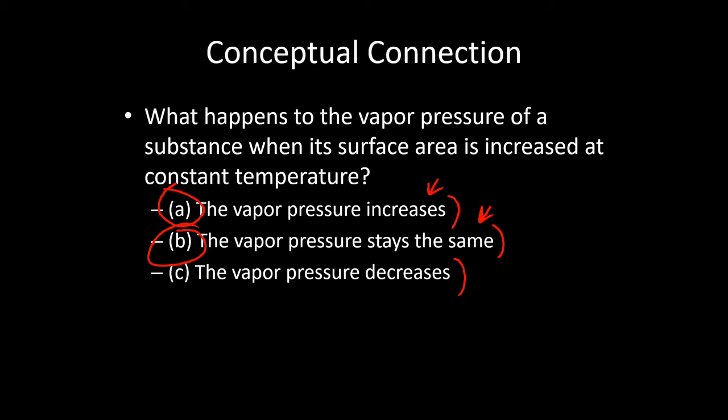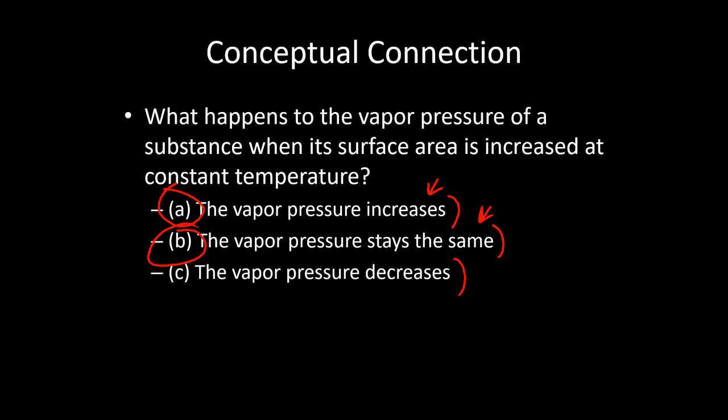And the part you're missing, you might have guessed, is part of what I added in there. I told you that the gas can't escape. So it's not open to the atmosphere. It is in a closed container. Any gas that leaves the liquid phase is trapped inside there, which means that when you increase the surface area, not only did you increase the area for the liquid to escape into the gas phase, you also increased the area for the gas to be recaptured.